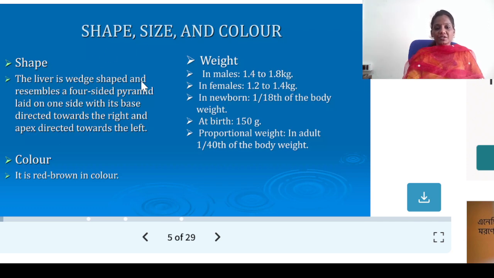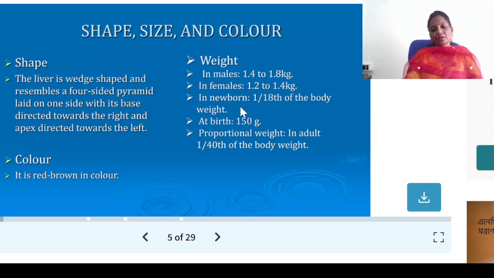Shape: the liver is wedge shaped and resembles a four-sided pyramid laid on one side, with its base directed towards the right and apex directed towards the left. So in one word, the shape of the liver is wedge shape. The weight of the liver in males is usually 1.4 to 1.8 kgs, and in females 1.2 to 1.4 kgs.